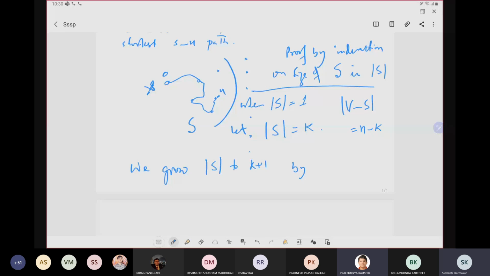There are so many nodes here, n minus k nodes, and so on. So which one do I add?